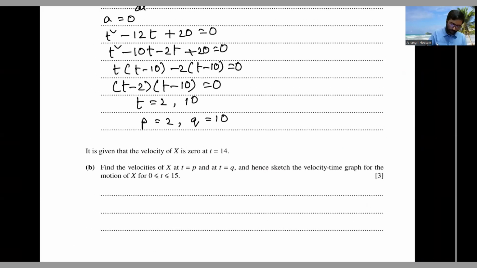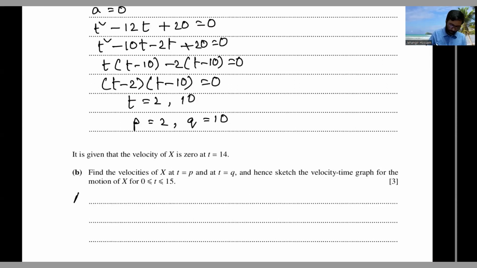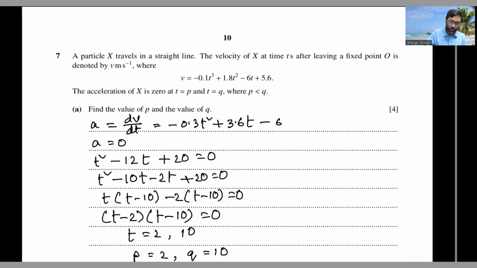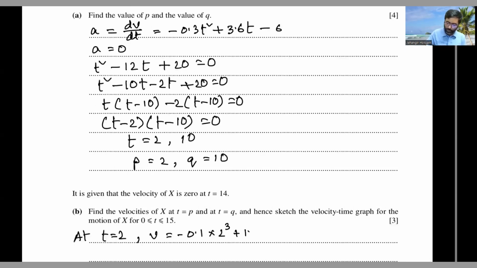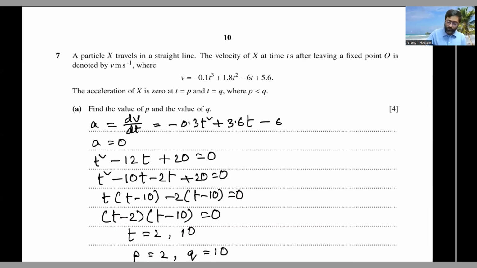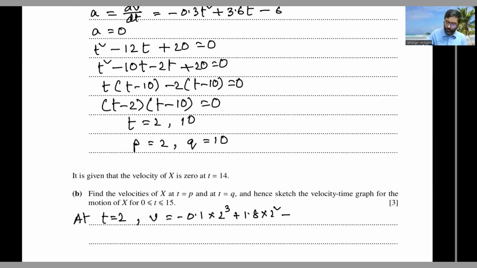So, at t equal to 2, velocity is minus 0.1 t cubed plus 1.8 t squared minus 6 into 2 plus 5.6. This will give you the velocity of the particle at t equal to 2 seconds, which will be 0.